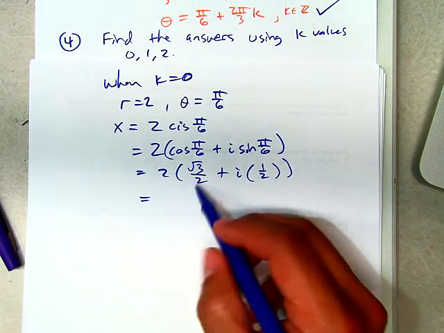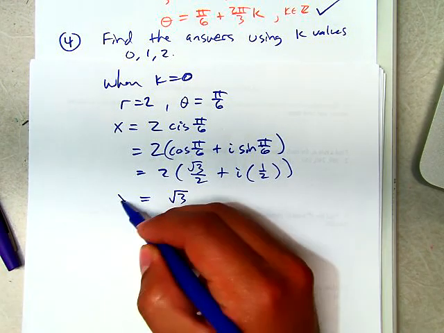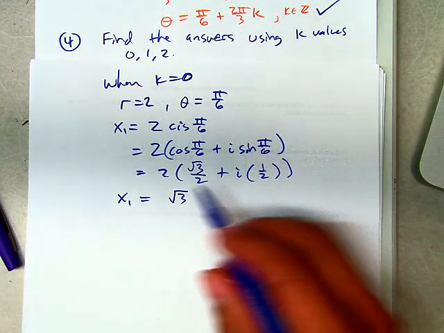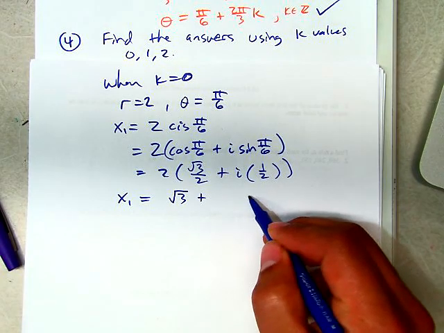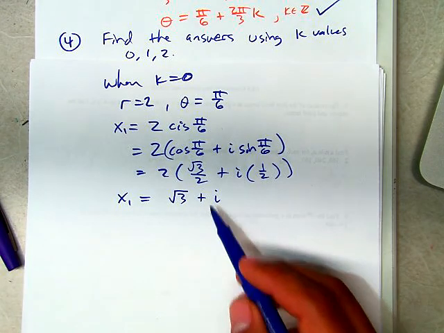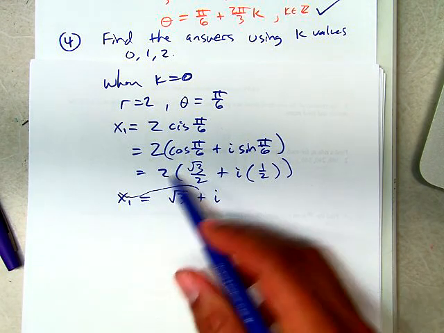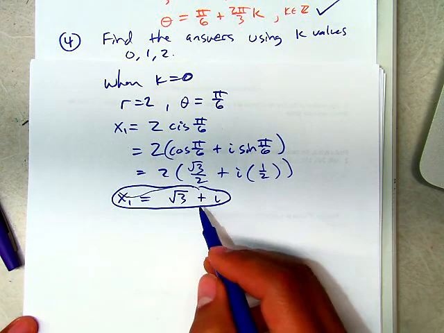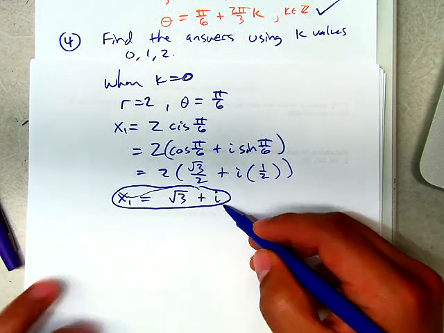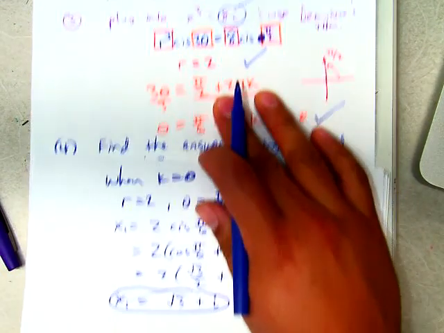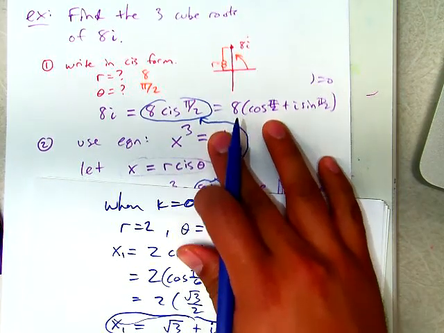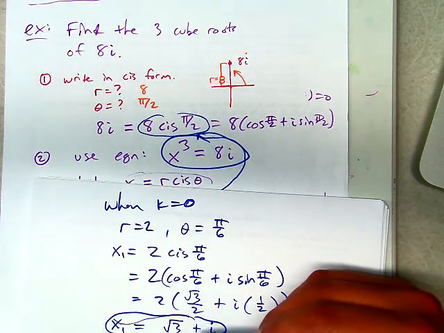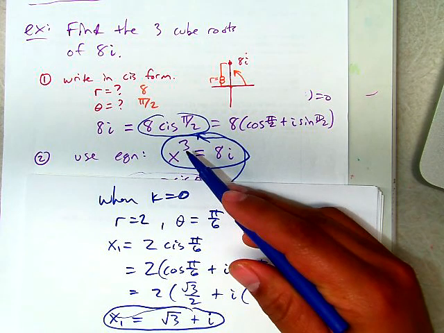So when I'm all done, my first x value, we could even call it x1 if you want, because we're going to have three of them, is root 3 plus i. So what this means is that if you take this and plug it all the way back into this equation right here, if you cube this x value, what should I get?